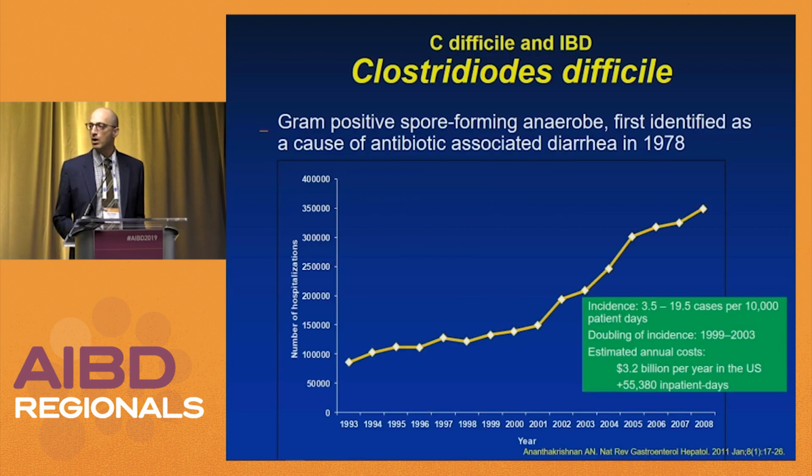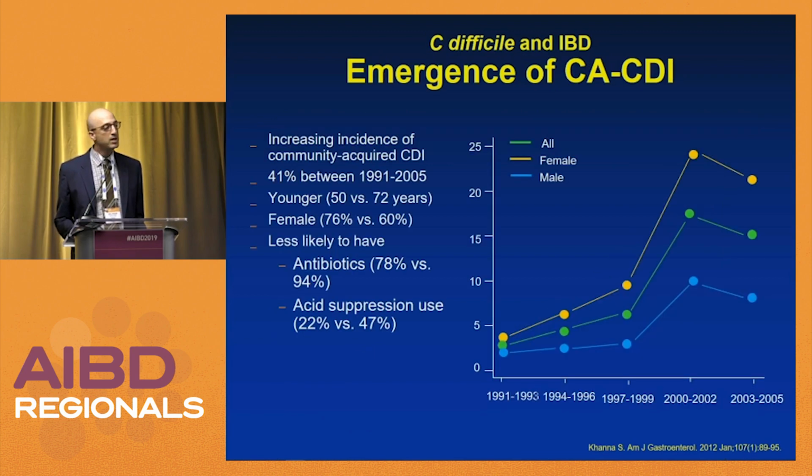As most of you know, in the last couple of decades, there's been an enormous rise in the incidence of C. diff, and obviously this comes at a great cost in terms of morbidity, as well as healthcare costs to our patients and the healthcare system. In addition, there's been a rise in community-acquired C. diff.